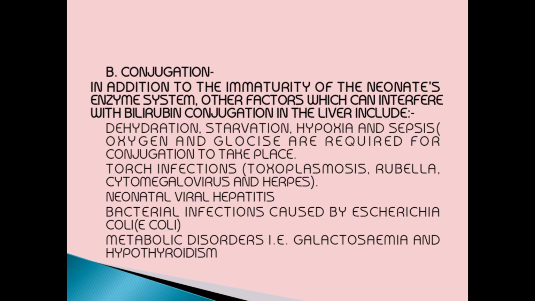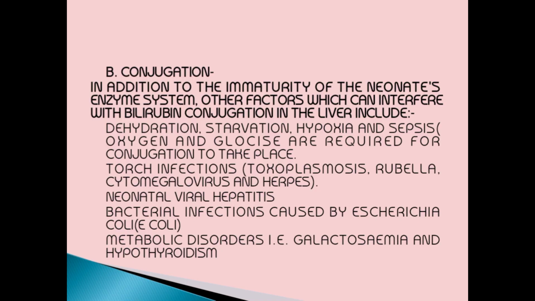In addition to the immaturity of the neonate's enzyme system, other factors can interfere with bilirubin conjugation in the liver. Factors interfering with conjugation are the following. Dehydration will interfere with conjugation.